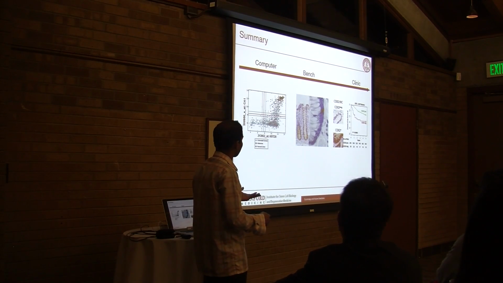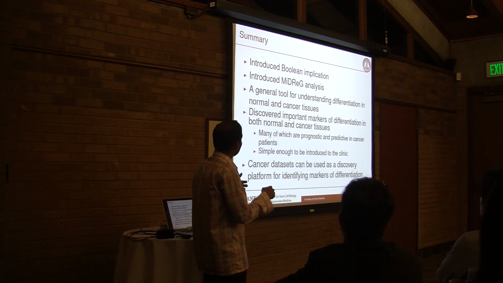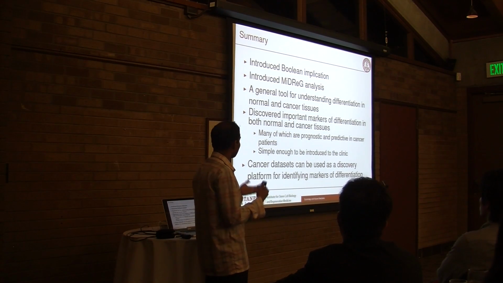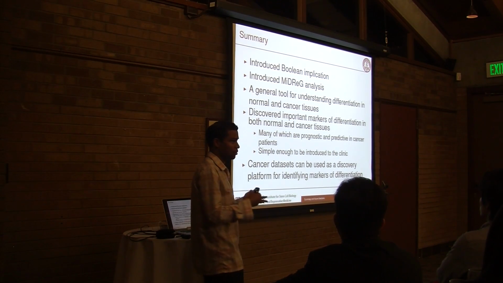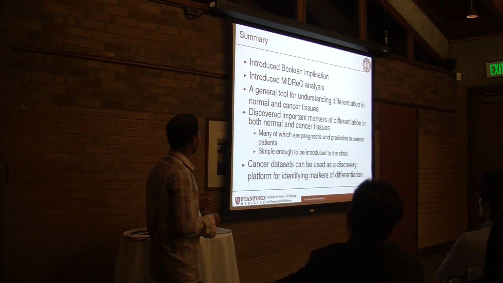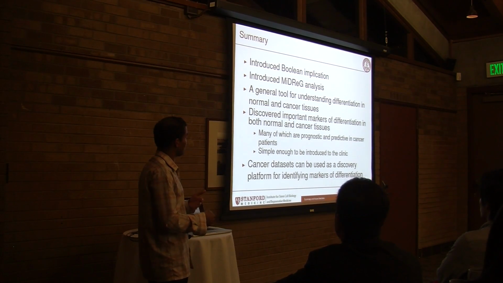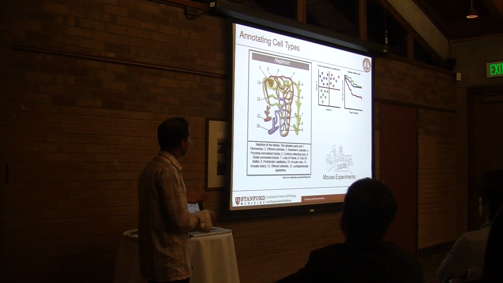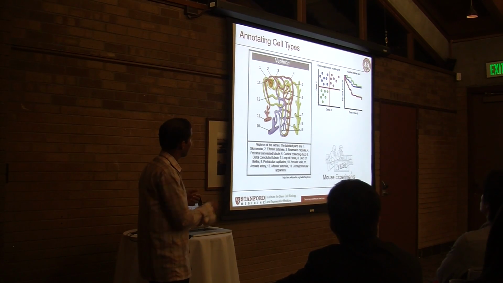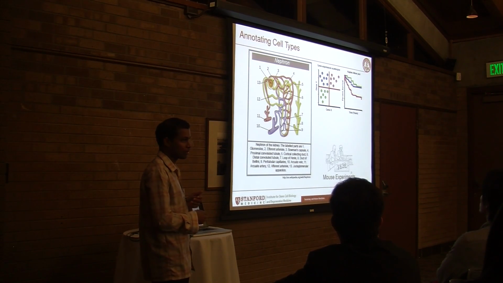It's a very simple idea that you can use invariant relations. It's a simple tool to deconvolve these tissue hierarchies and cell types. And along the way, you can identify very important markers that you can use in the clinic. You can use any kinds of tissues to identify these kinds of markers.